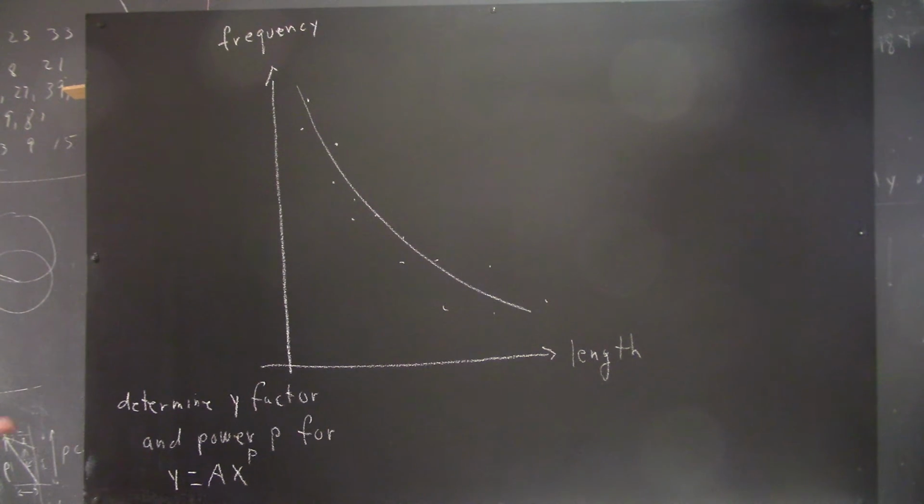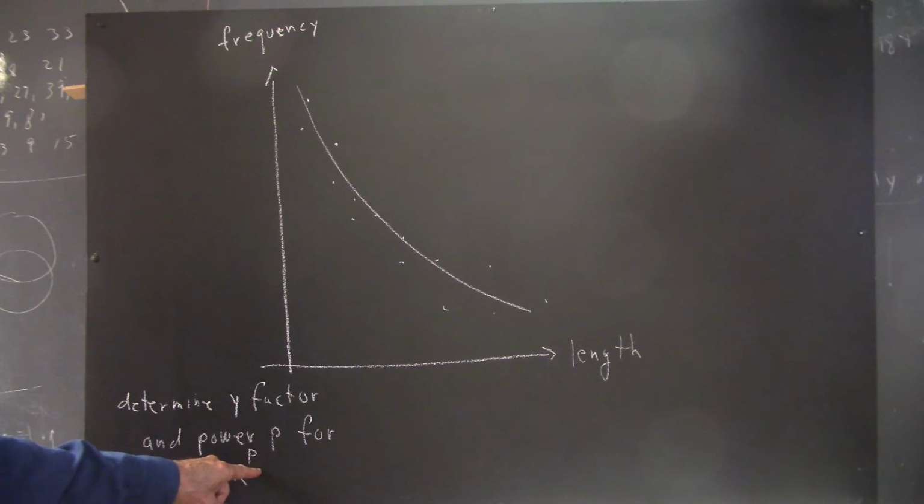Okay, but having obtained the data, we can determine the Y factor and the power, and remember that the power is the Y factor divided by the log of 2. That will give us our power P.